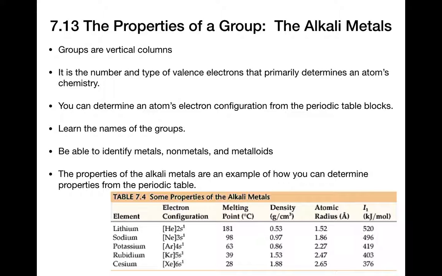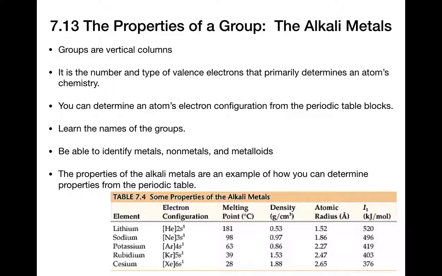The density of the elements increases as you go down the chart from lithium through cesium, and that has to do with the mass growing at a higher rate than the volume of the atoms. So the mass grows faster than the volume does.